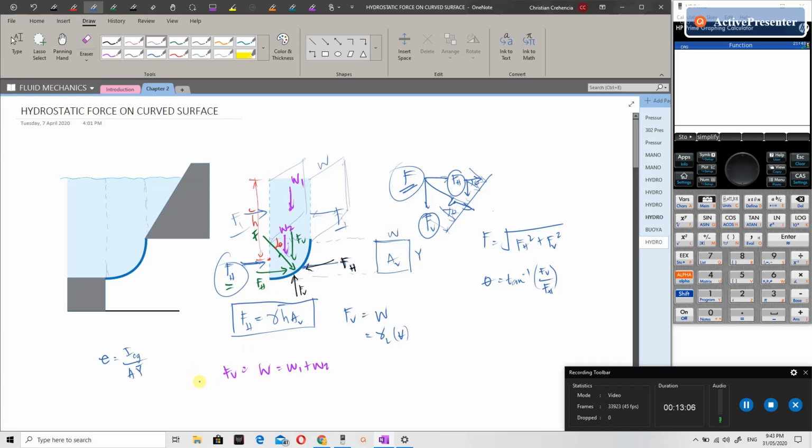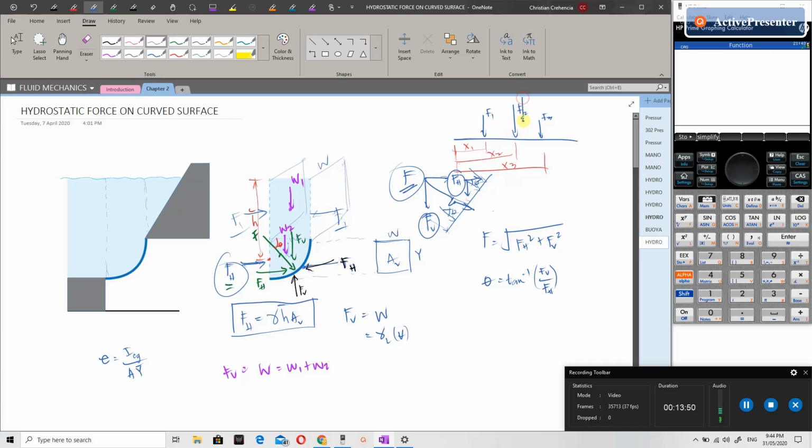Okay? Then, how about weight 1 and weight 2? So, it is just like determining the location of the resultant force. Let's say we have a beam with F1, F2, etc., let's say F3. Then, we have distances X1, X2, and X3. Then, we locate the resultant.